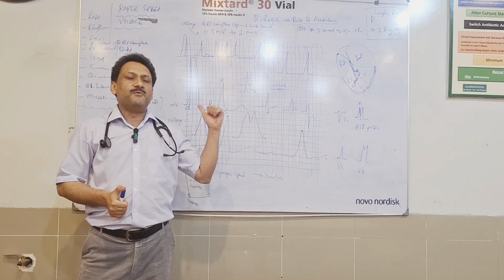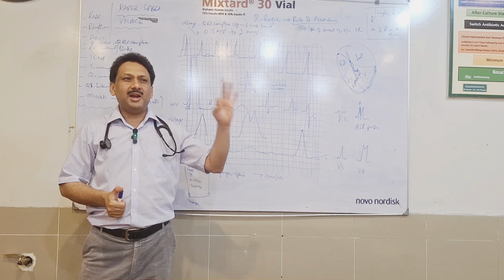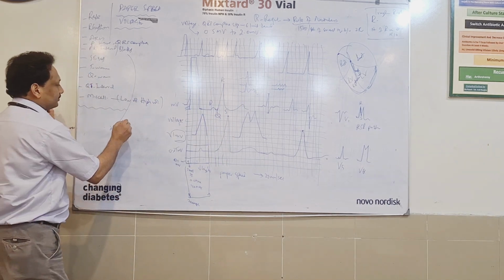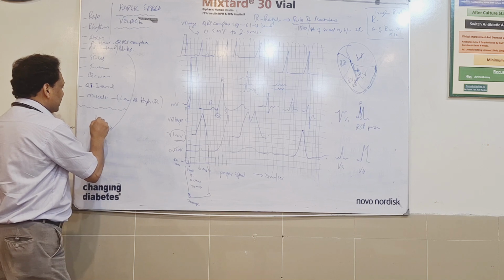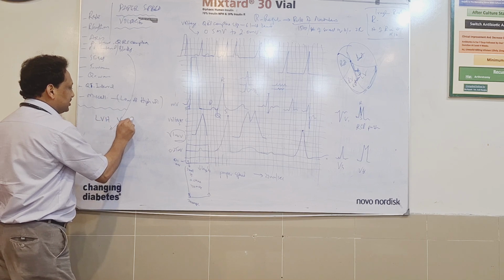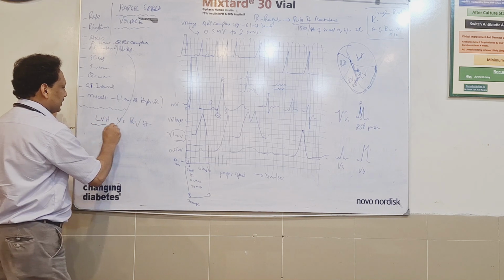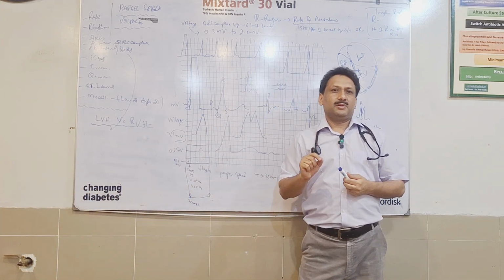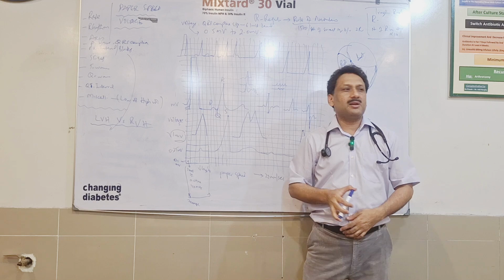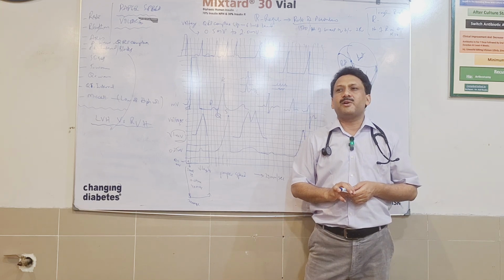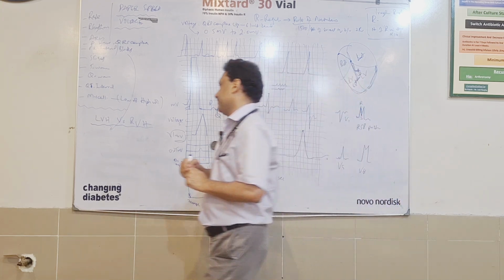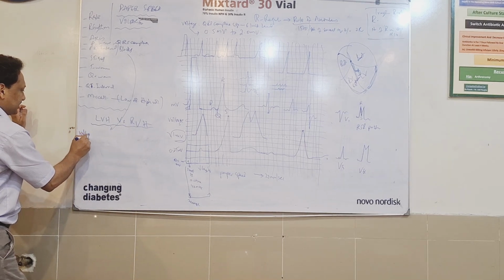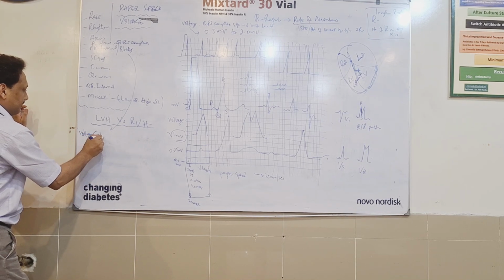We now move through the right ventricular hypertrophy criteria and left ventricular hypertrophy criteria. LVH versus RVH on ECG. How will you know? The most important criteria to label somebody as having left ventricular hypertrophy or right ventricular hypertrophy is voltage criteria. So in all these situations, the most important one is voltage criteria.